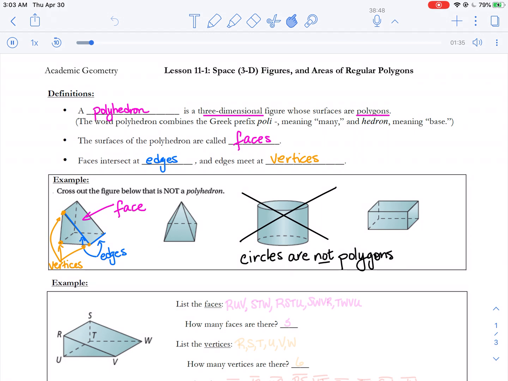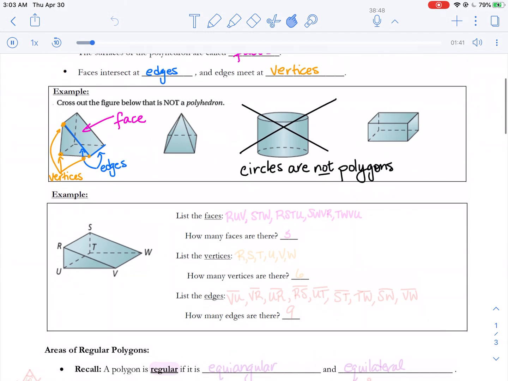Okay, so let's just do a little bit of counting up the faces and listing the faces and vertices and edges. So first of all, faces. Isaac, how many faces does that example figure there have? How many? 4. Tell me which ones you see.